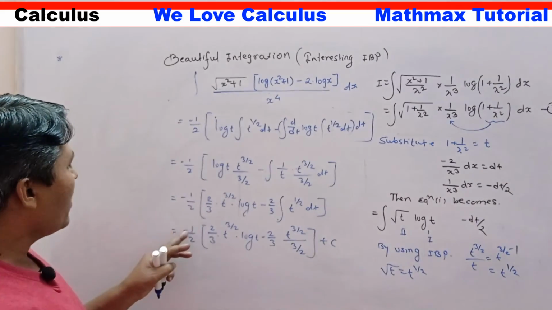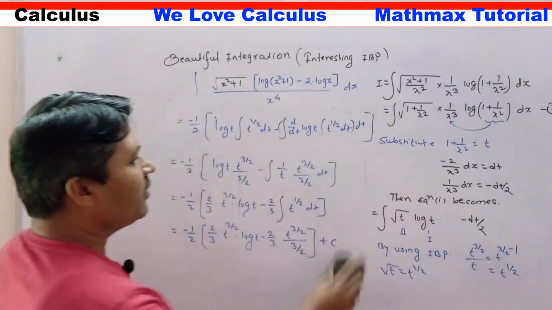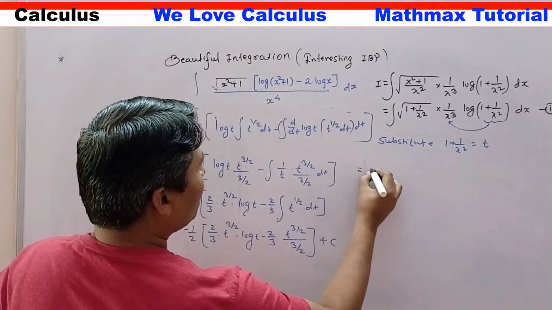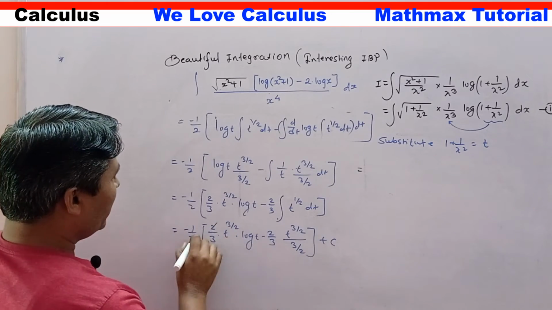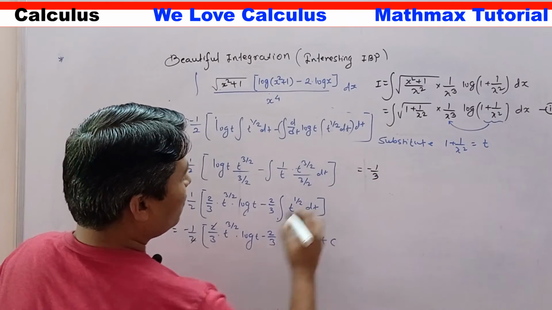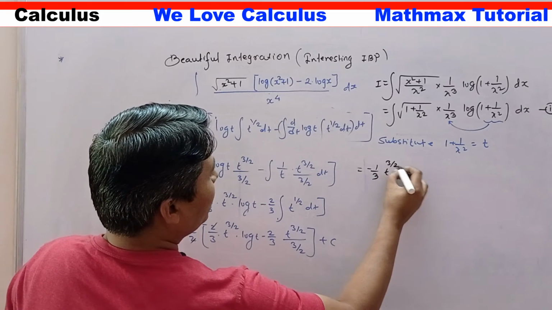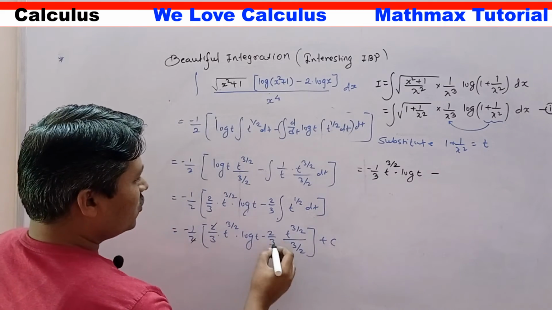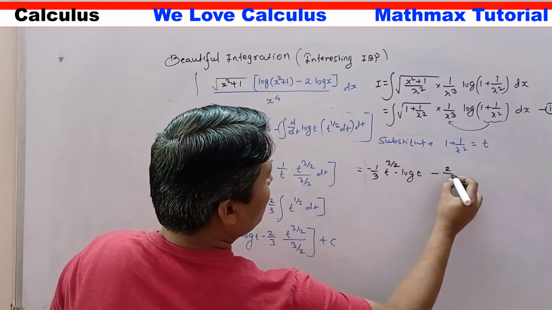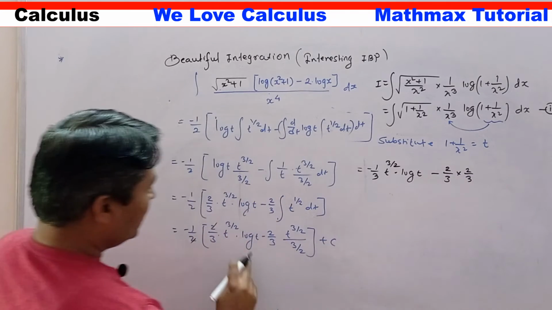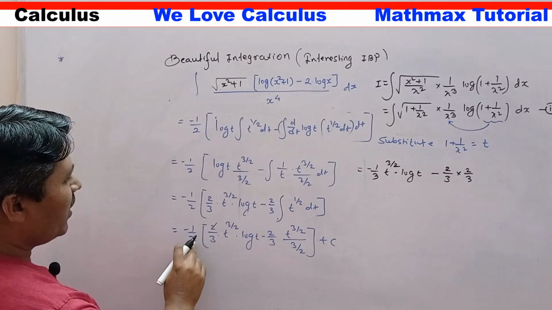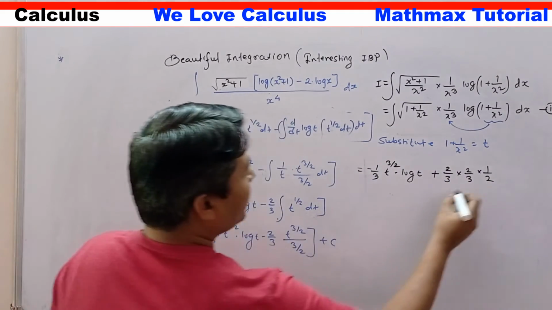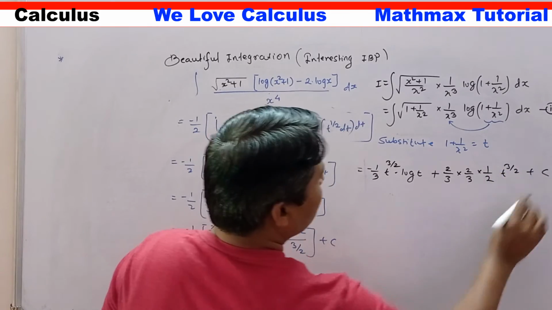Now we multiply minus 1 by 2 throughout. The 2 cancels, and we get minus 1 by 3 t raised to 3 by 2 into log t, and minus the 2 by 3 times 2 by 3, with minus 1 by 2, minus minus gives plus, into 1 by 2 and t raised to 3 by 2, plus the constant of integration.